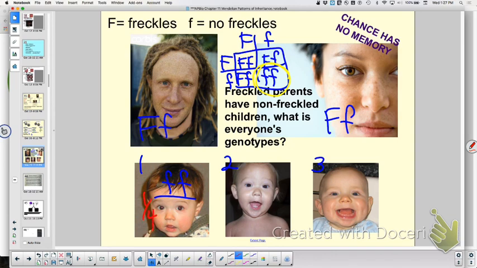And now I have another freckleless child. What are the odds of just this freckleless child? Because chance has no memory. What are the odds for this one? 1/4. And what are the odds that this child is also drooling quite a bit and is freckleless? Then I ask you the question, what are the odds of 3 freckleless children in a row?